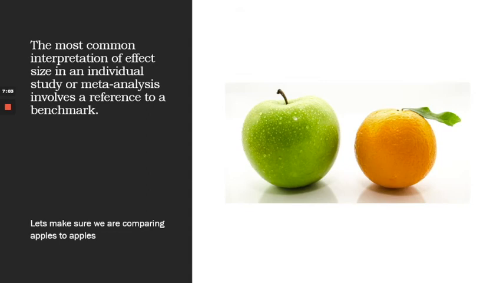I find this to be really problematic and often leads us to an apples versus oranges comparison. The most common interpretation of effect size in current literature is a reference to one of these standardized benchmarks. I think we need to do a better job making sure that we're comparing apples to apples.